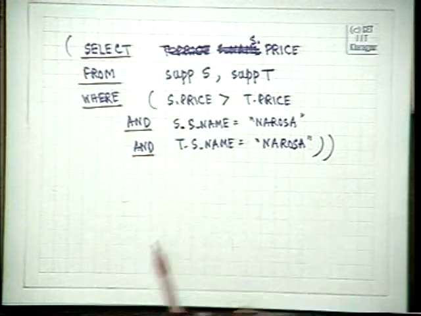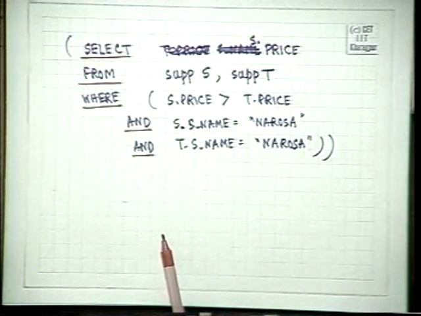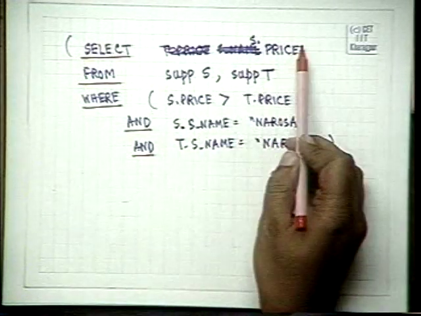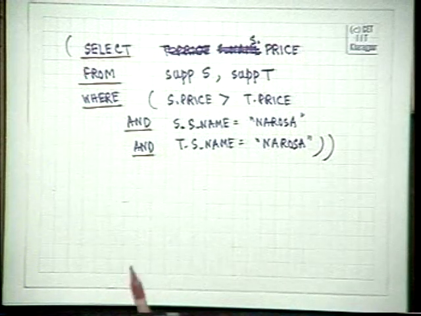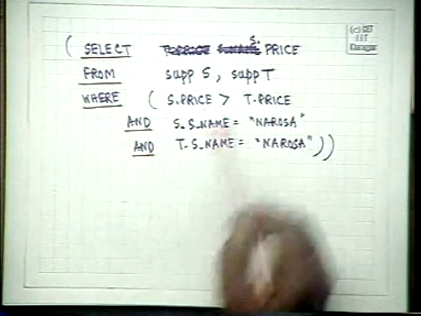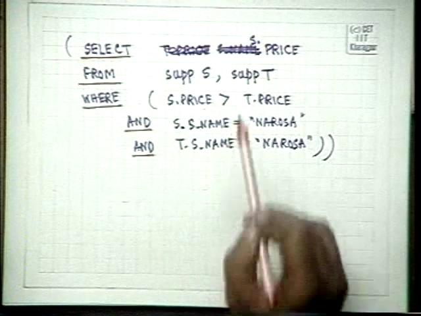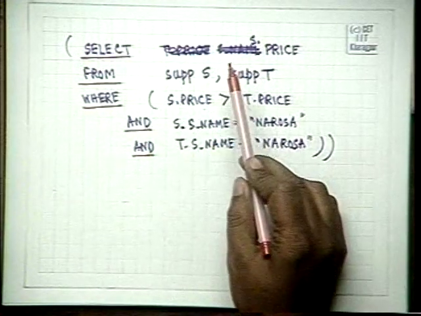Now, suppose Narosa has supplied two books. One is of price 20 rupees, another is of price 30 rupees. Then we will get the 30 rupees out here. Suppose Narosa has supplied three books: 10 rupees, 20 rupees and 30 rupees. So in one column this 20 rupees will be greater than the 10 rupees and that will also come. Okay. So this will not give you the query.